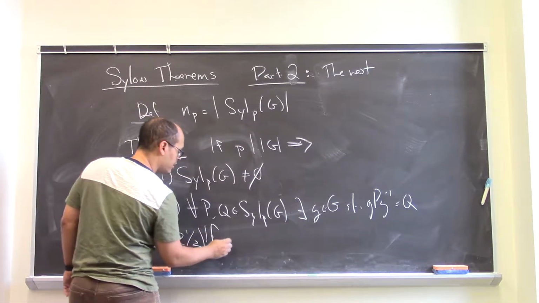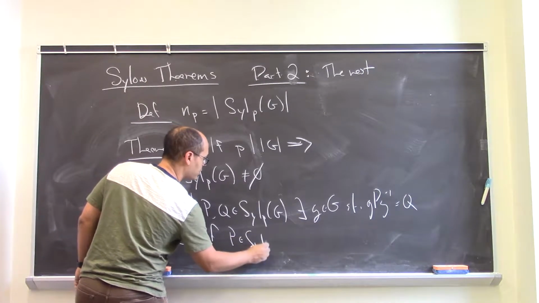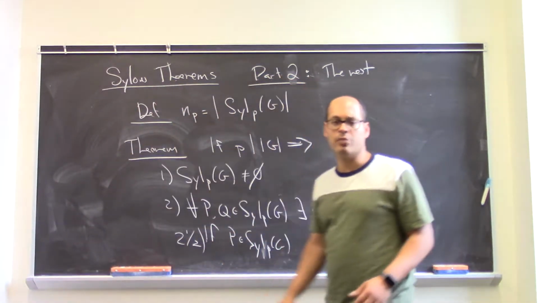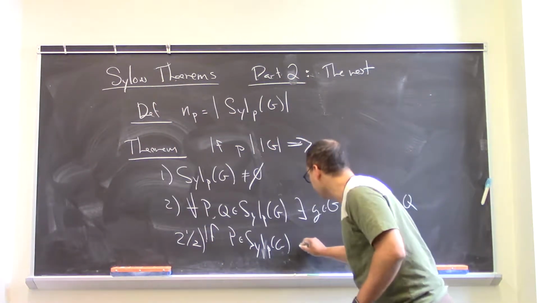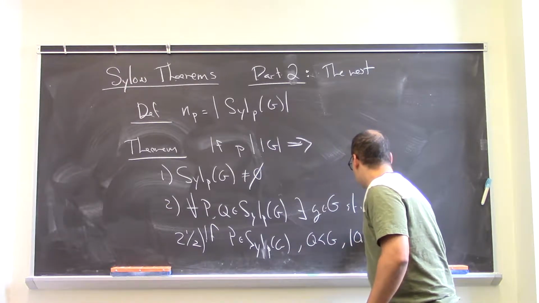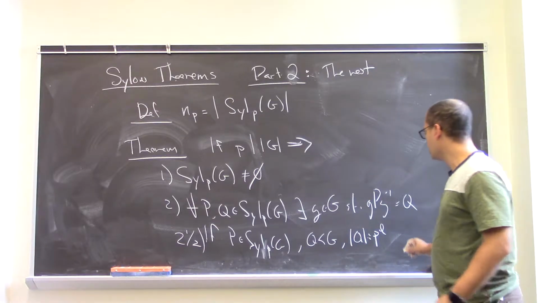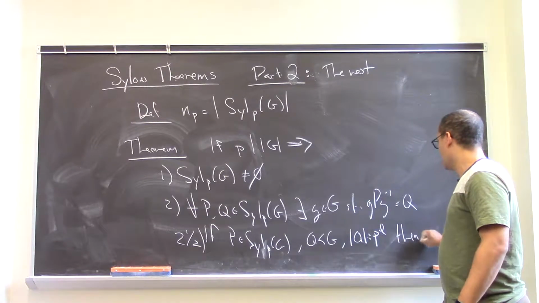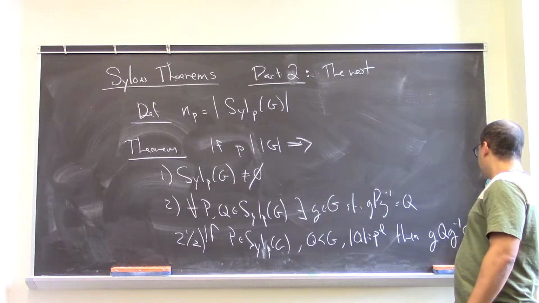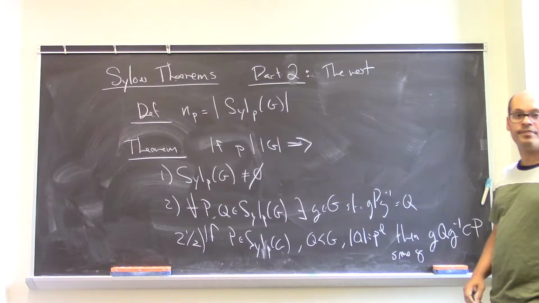It says that if P is a Sylow p-subgroup, and if Q is any subgroup whose order is a power of p, p to the l for some l, then you can conjugate Q to make it sit inside of P, for some g.